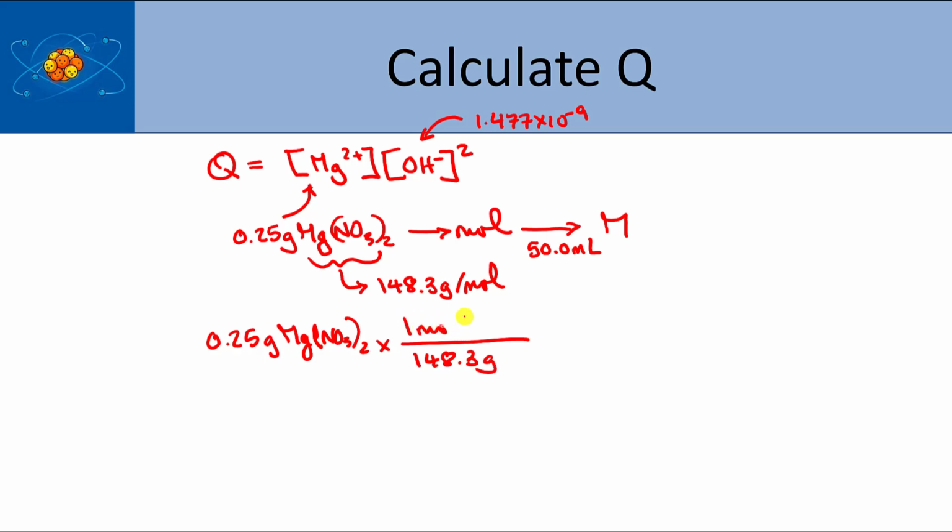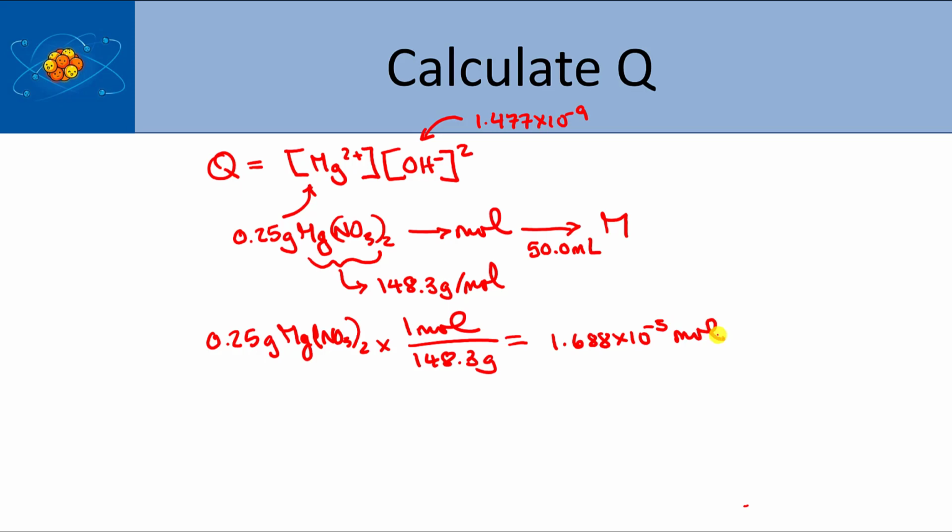And that'll give me my moles. That ends up being 1.688 times 10 to the minus third moles.